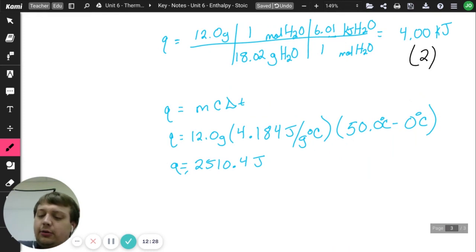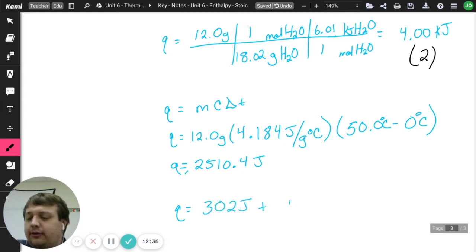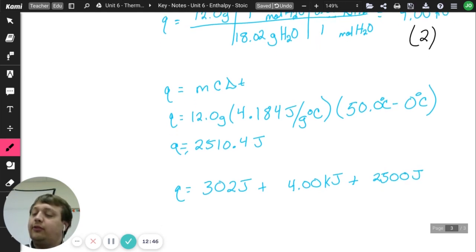Now, the very last thing they ask is how much energy is required. So really what I need to do is add up all the energies that I have. So I had 302 joules plus 4 kilojoules plus 2,500 joules. Looking at this, we need to make sure that our units are the same.